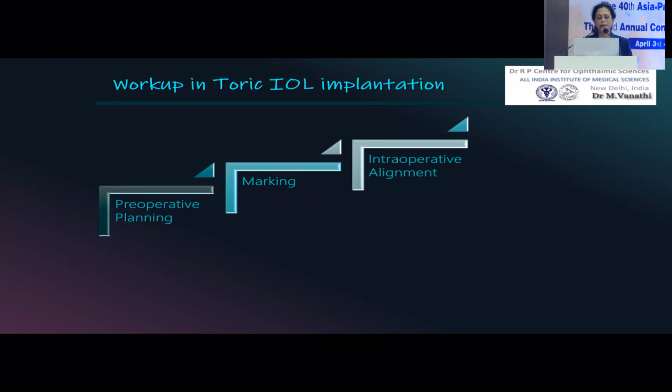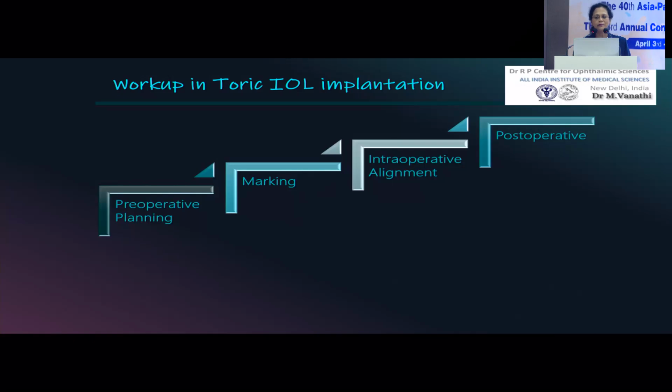Again, remember, when marking, most of the time our patients are in the sitting posture, and when you're doing surgery they are supine, so you will have to consider some amount of cyclotorsion in these patients when you are implanting toric IOLs, more so if the quantum of astigmatic correction is going to be higher.